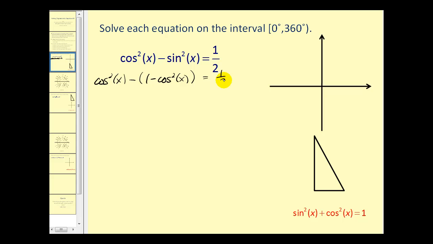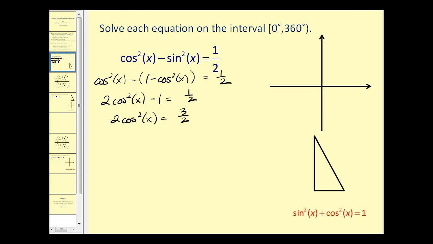Now let's go ahead and clear these parentheses. Notice we'll have minus 1 and then also plus cosine squared x. So we'll end up having 2 cosine squared x minus 1 equals 1/2. Next we'll isolate the cosine squared x, so we'll add 1 to both sides. 1/2 plus 1 would be 3/2.